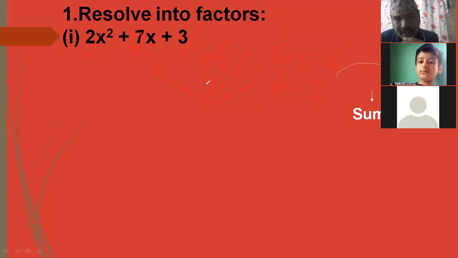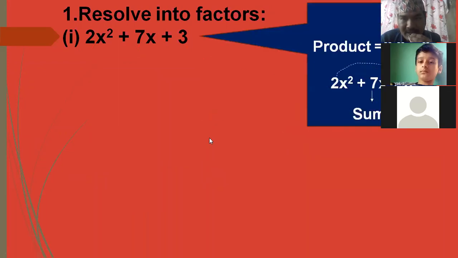That's why 7 is obtained by adding 6 and 1. 6 ones are 6 and 6 plus 1 is 7. Are you clear, children? That I am showing here.